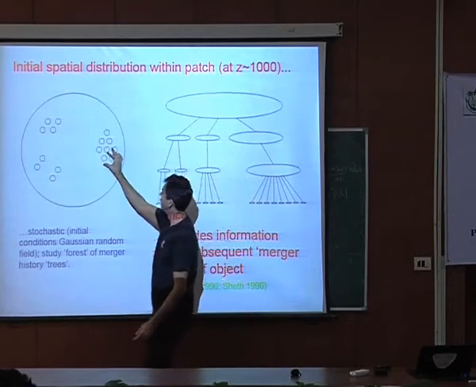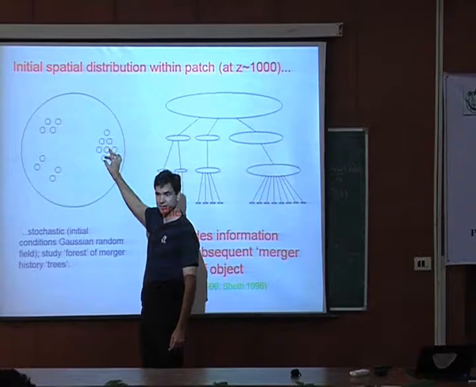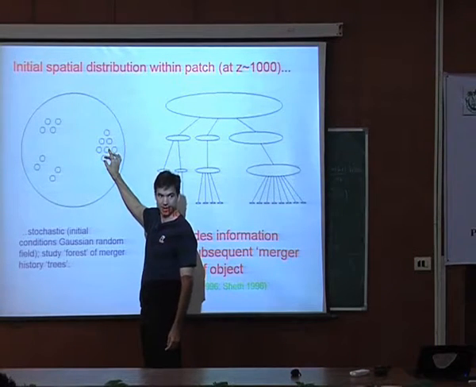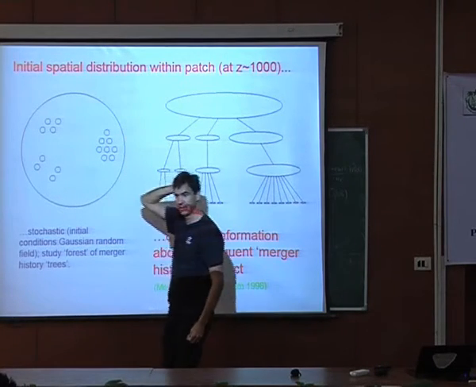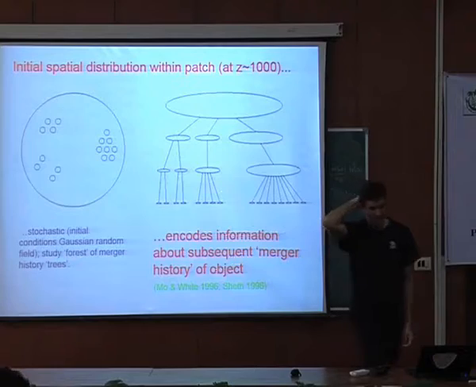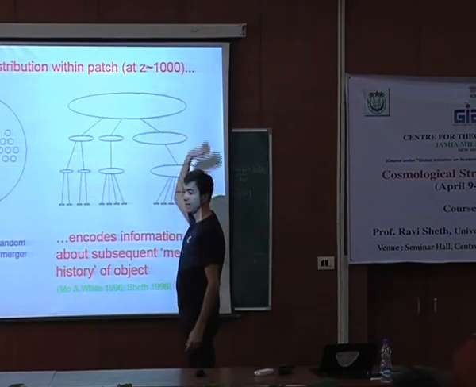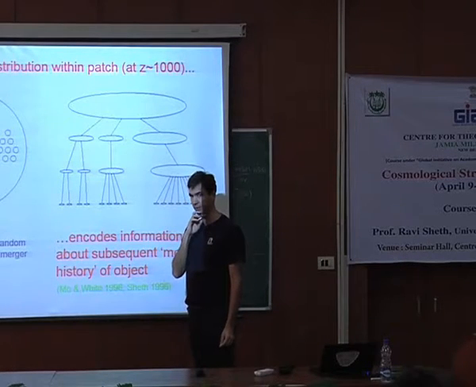Similarly, these, when they virialize, will be 200 times the background density, meaning they will be more dense now than this, okay? And so that means that we can, in fact, extract the entire merger history of the object from the Gaussian field.